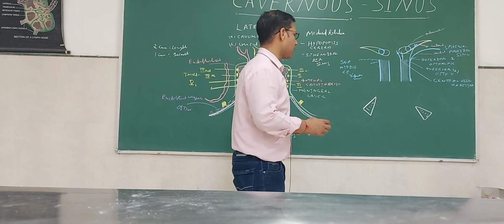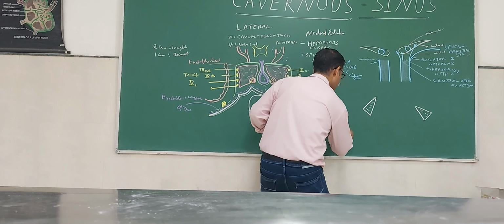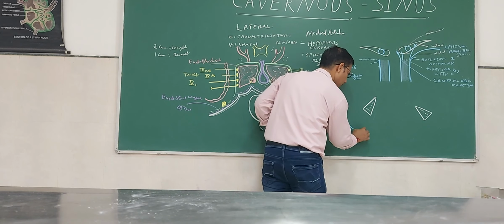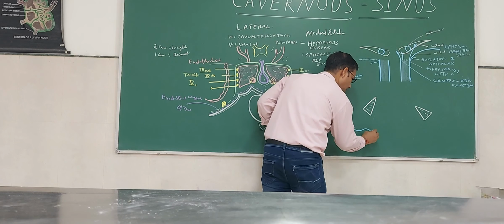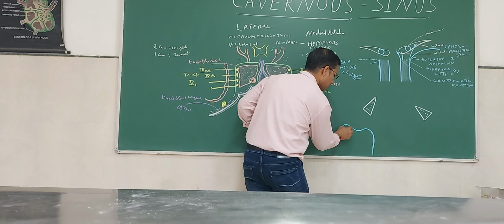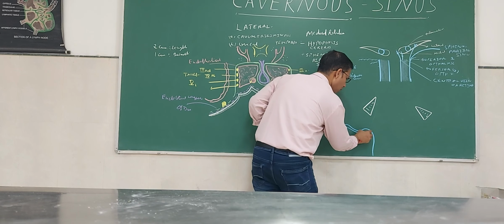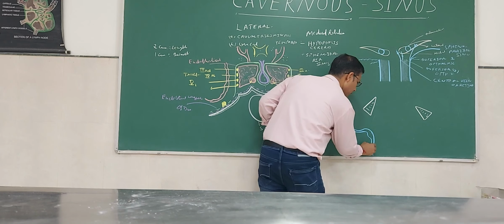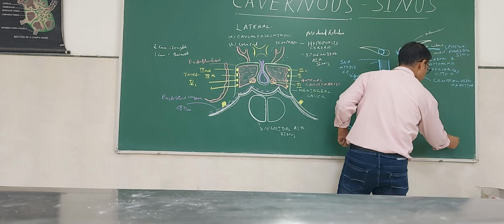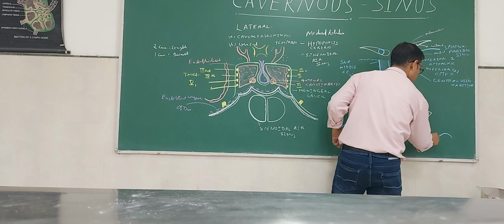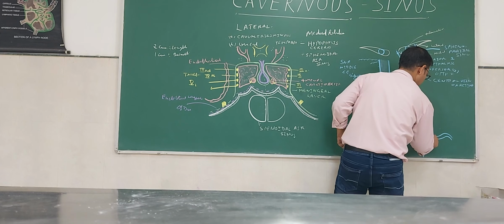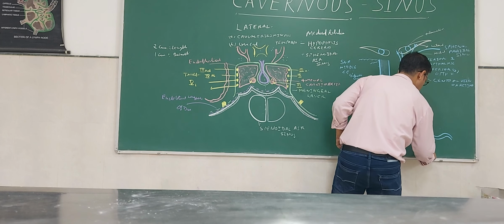When we talk about the communications of the cavernous sinus, I want to draw this diagram to show you the transverse sinus, the sigmoid sinus forming a bulb, and then the internal jugular vein.